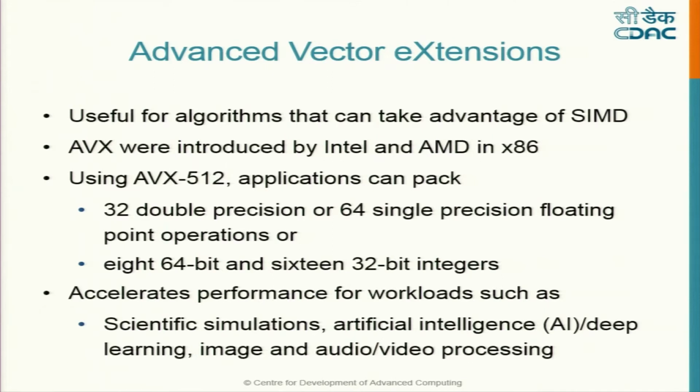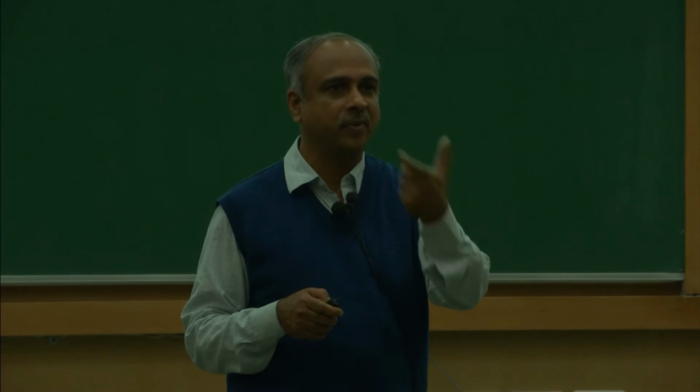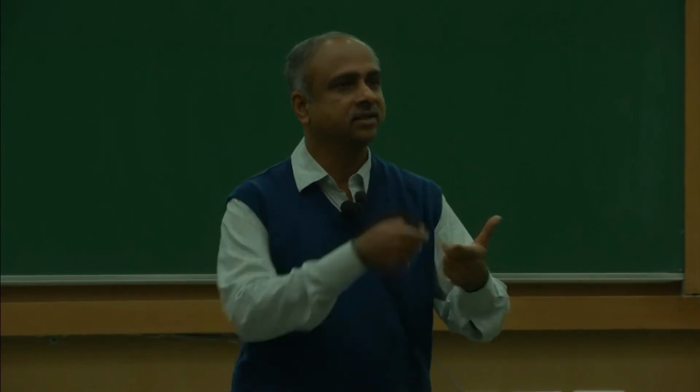Normally one instruction operates on one data, but here the instruction can take 512 bits at a time and operate on them, let's say XORing two numbers or any operation that you can think of. A normal, old processor without the AVX extension would operate on one data item in the register.